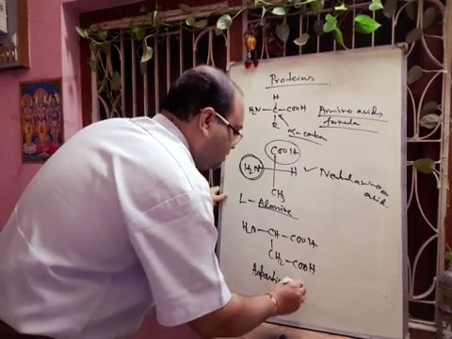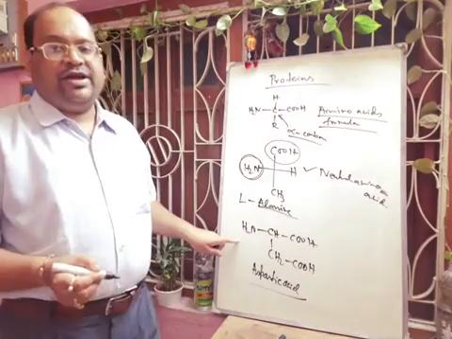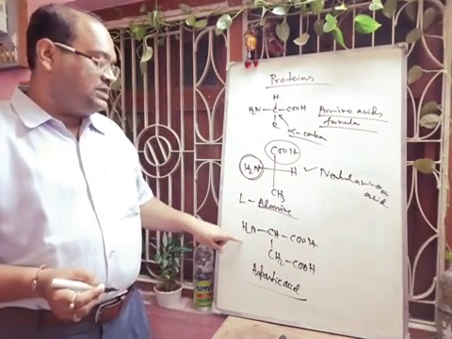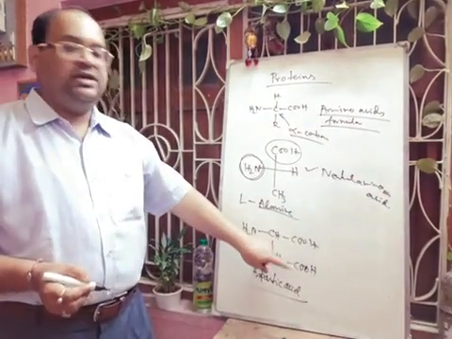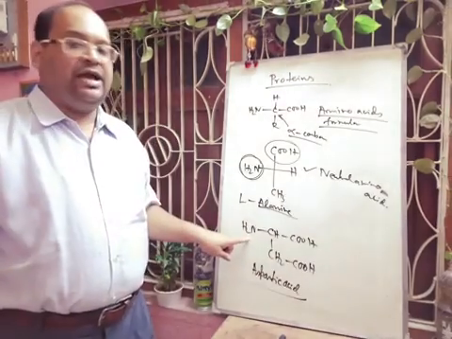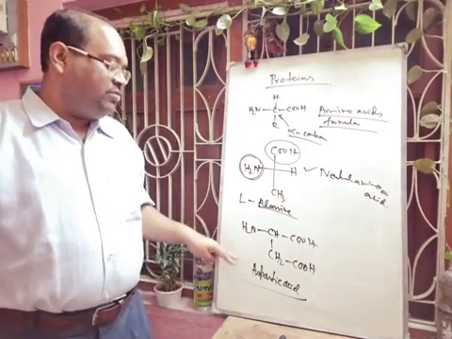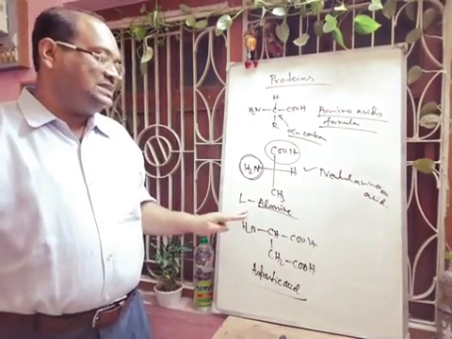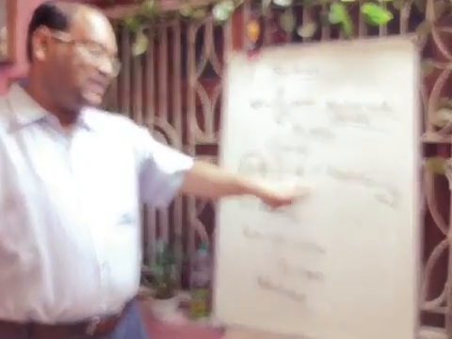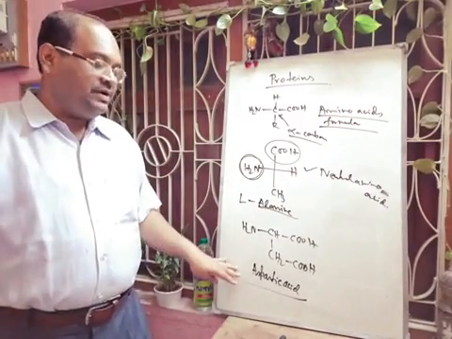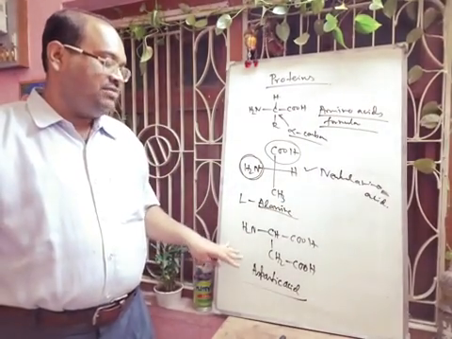So this aspartic acid contains two COOH groups and one amine group, so that is why this type of amino acid is called an acidic amino acid. So glycine and alanine are neutral, and aspartic acid is the acidic amino acid.